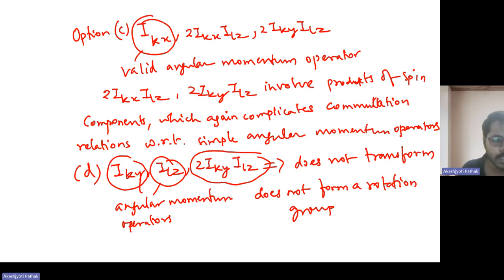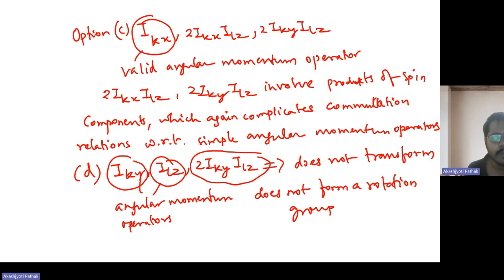So the correct option is option B: IKX, 2IKY ILZ and 2IKZ ILZ. This is because the operators in this set can generate transformations that form a rotation group in composite spin systems where spin operators are coupled.